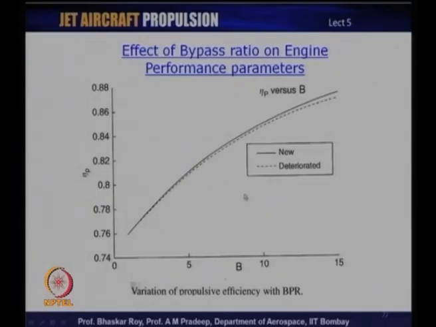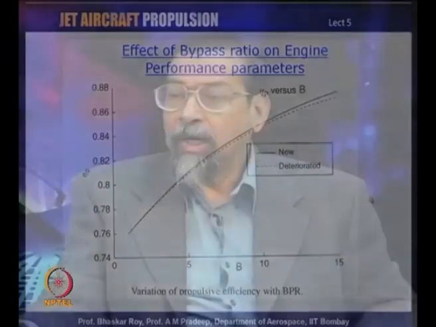And this is the reason why turbofan engines are used in all commercial jet aircraft today, because they produce very high propulsive efficiency. And this is the kind of engine that we would probably like to look at more and more.